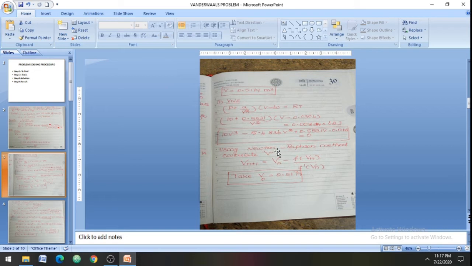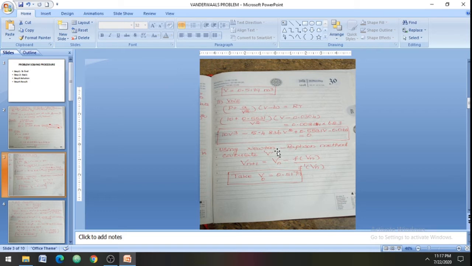So substitute all the values. So we get the equation 10 V cube minus 5.4836 V square plus 0.5531 V minus 0.0168 equal to 0. This is one cubic equation. So using some mathematical method, we find out the volume value.